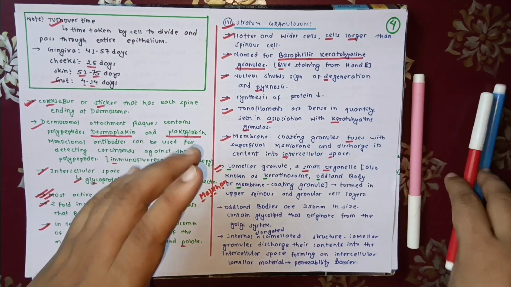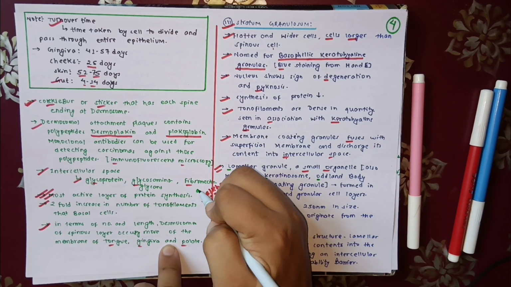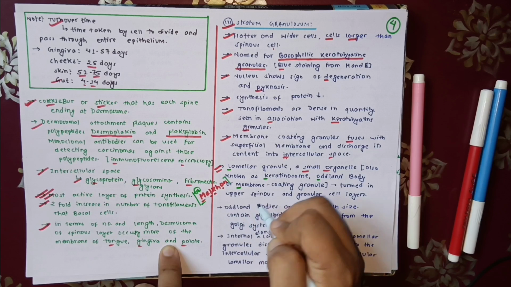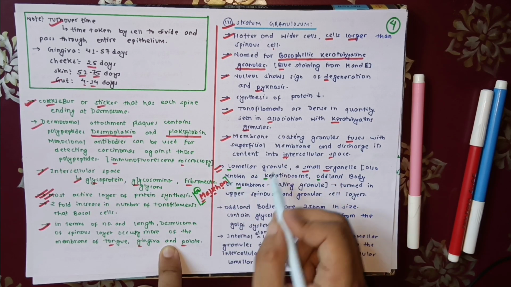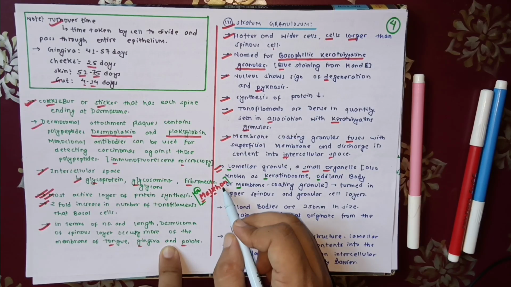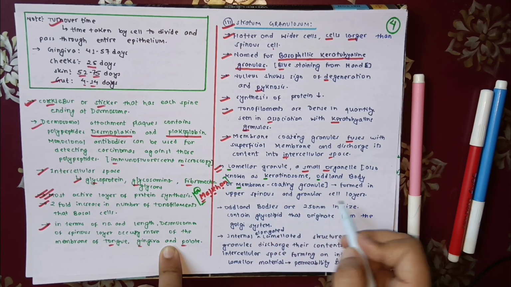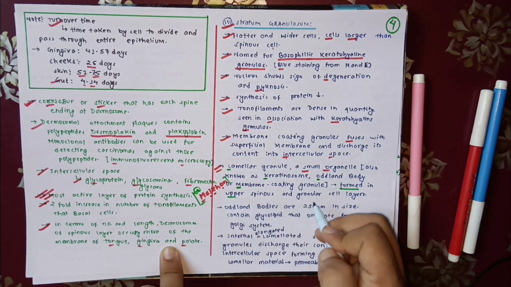They are formed in the upper spinous and the granular cell layer. So this is very important.